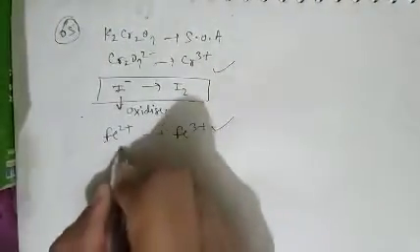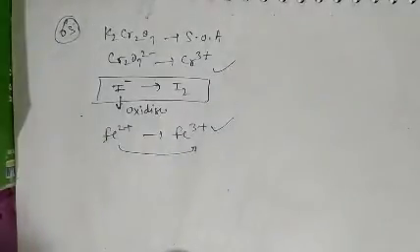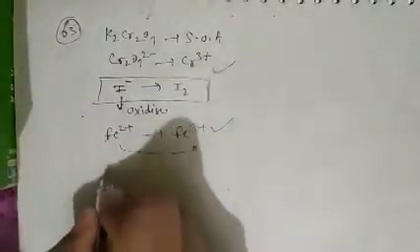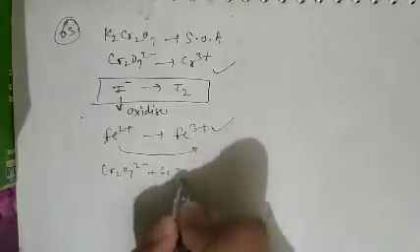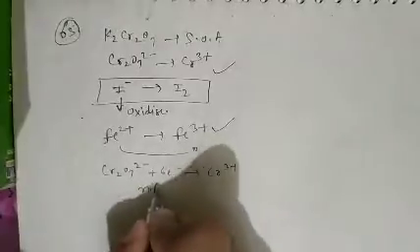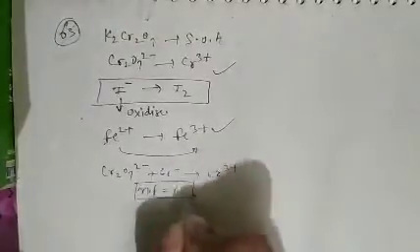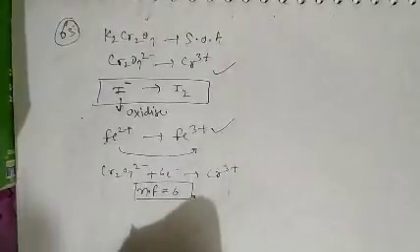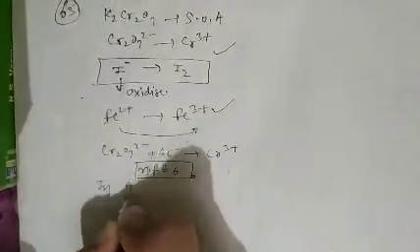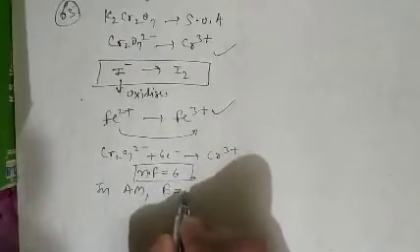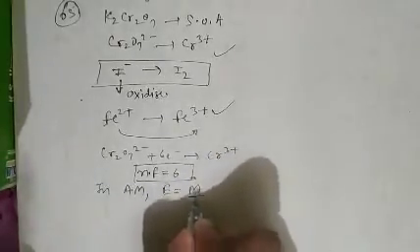Option B is also correct. It oxidizes Fe2 plus into Fe3 plus, ferrous into ferric. And also we know Cr2O7 2 minus gains 6 electrons, then converts into Cr3 plus. So N factor for the reaction is 6. Hence in acidic medium, equivalent mass will be molecular mass divided by 6.